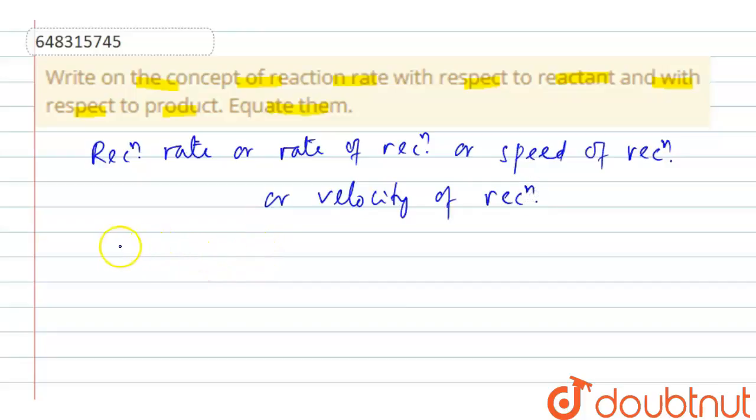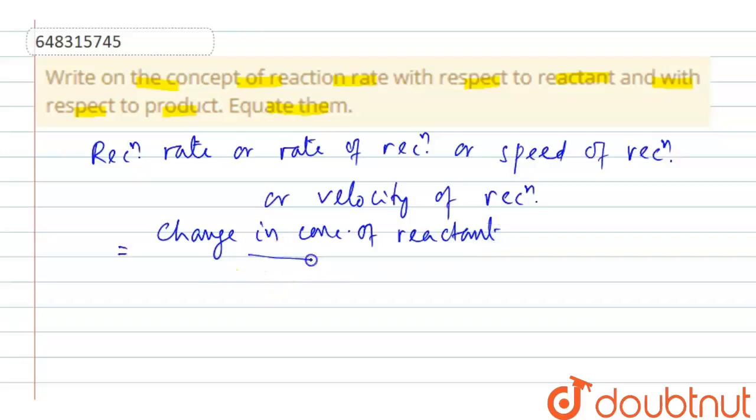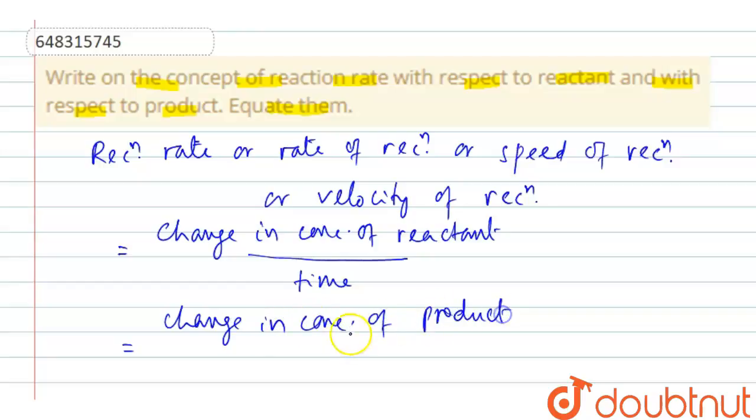It is nothing but the change in concentration of reactant per unit time, which we can also take as the change in concentration of product per unit time.